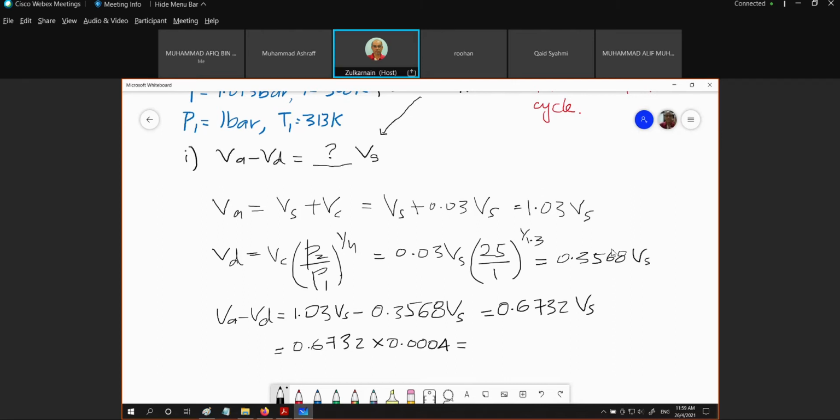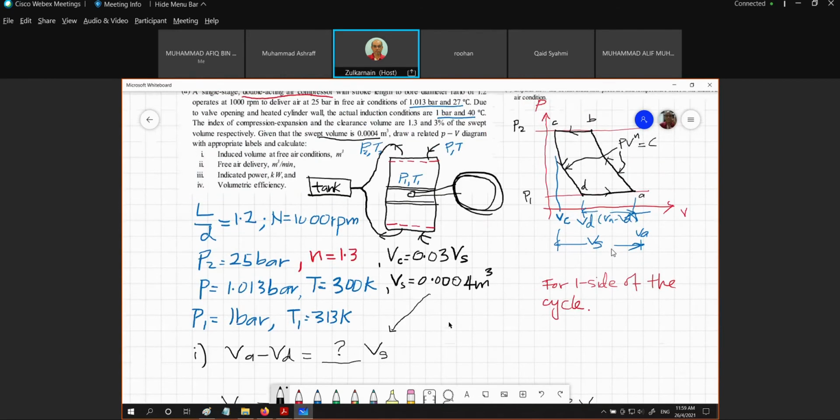0.004. Okay, how much is that? The question asks for the unit of meter cube.